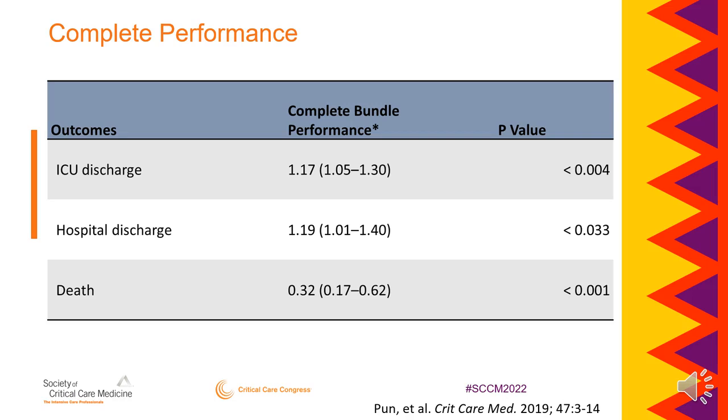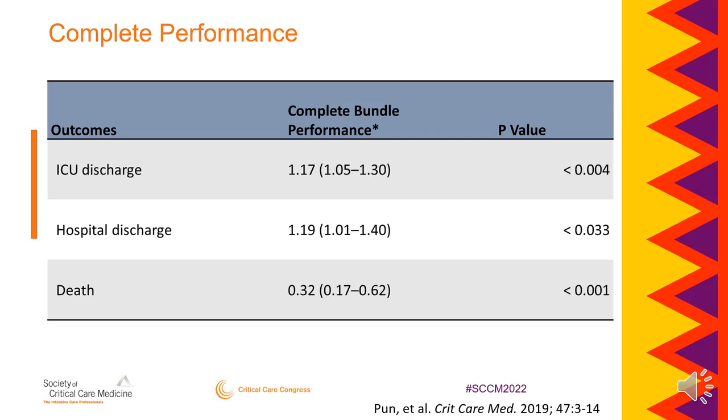And this is why I say they're both performance. If you look at the big outcome paper from the SCCM ICU Liberation Collaborative, so when we looked at those 68 ICUs and we looked at performance, what we reported in that paper was mainly complete and proportional performance. So simple, yes, no. Did the patient get it?